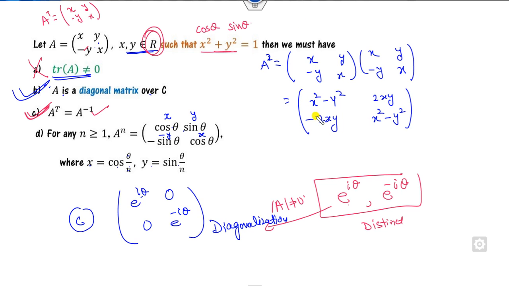Now clearly it is satisfied, because if n is 2, what is the meaning of x square minus y square? Cos square minus sine square, which is cos of 2 theta. And this is 2 sine A cos B, sine 2 theta. So this option is also a correct answer to this problem. So B, C, D are the right answers.